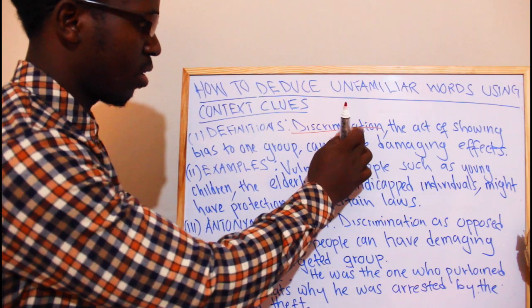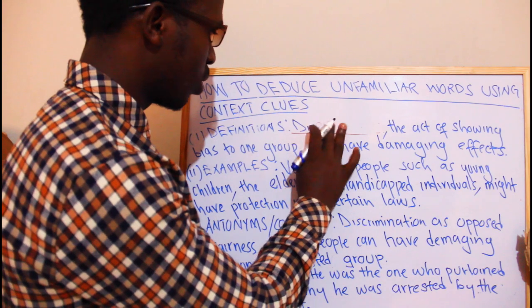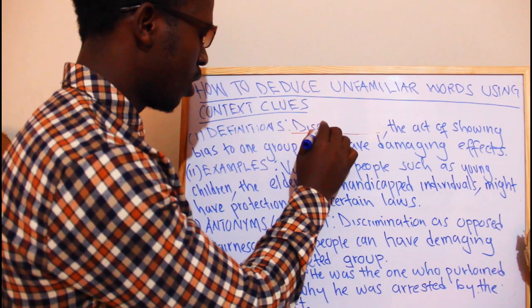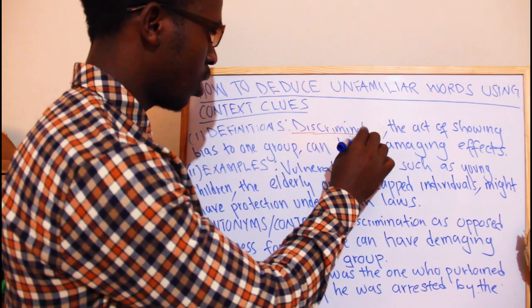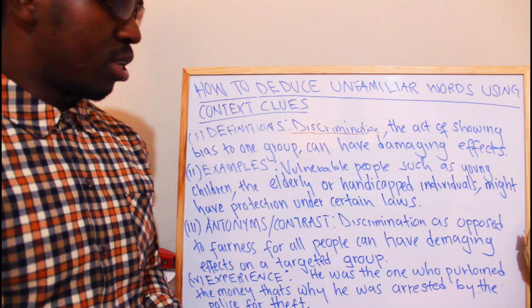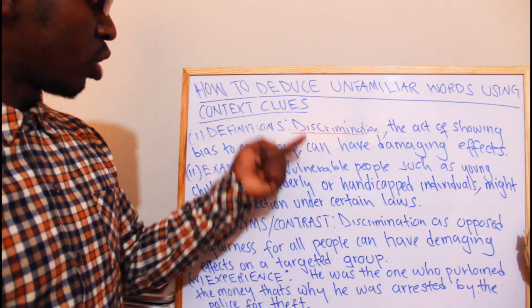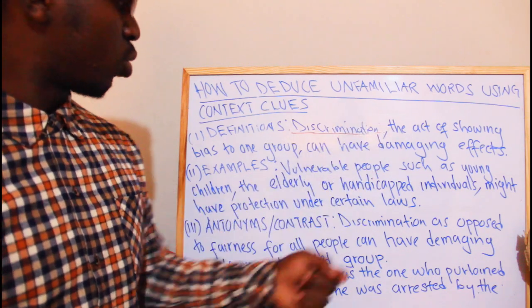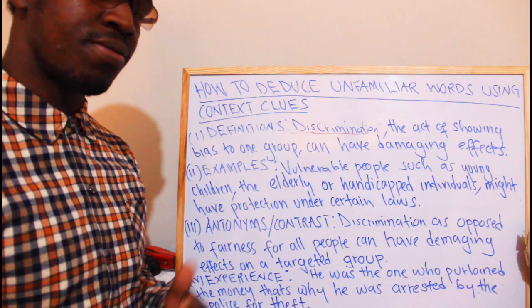Suppose one does not know the meaning of the word discrimination. You will discover that the word discrimination is followed by its definition. Discrimination, the act of showing bias to one group, can have damaging effects.